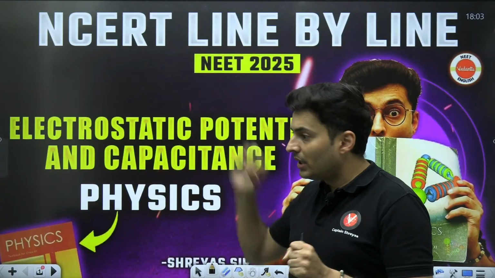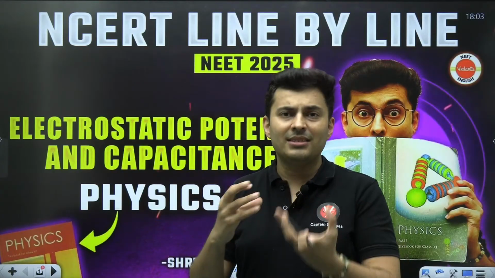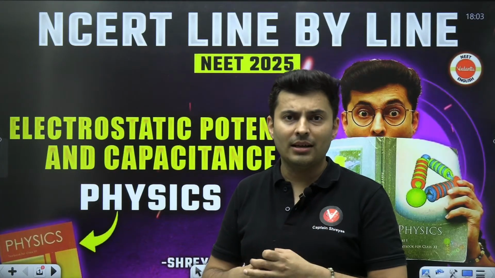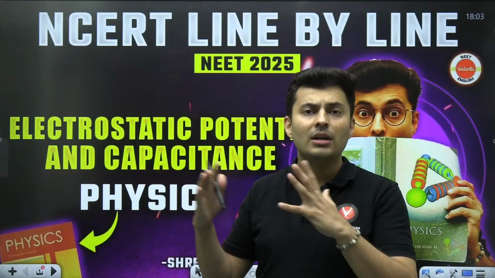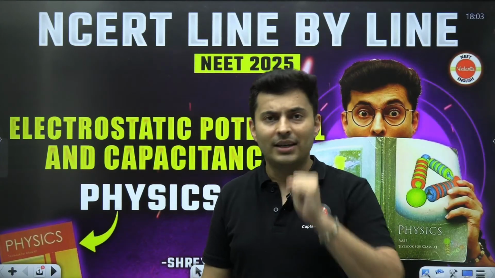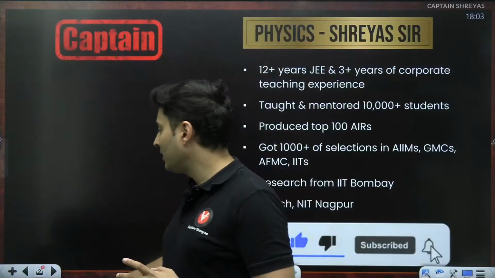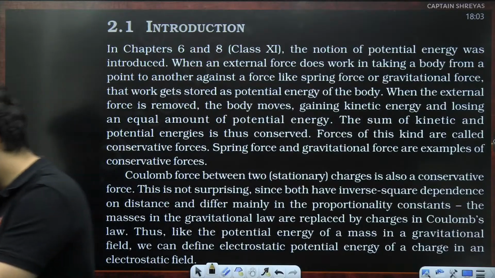That's why it is included in this chapter. So a capacitor stores electrical energy. We'll be seeing how to calculate the capacitance and what is a capacitor, how much energy it stores, and whether you can combine capacitors to find the equivalent. These are the topics in this particular chapter. So let's start with the introduction.